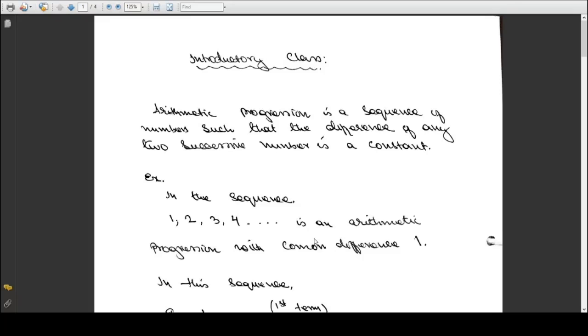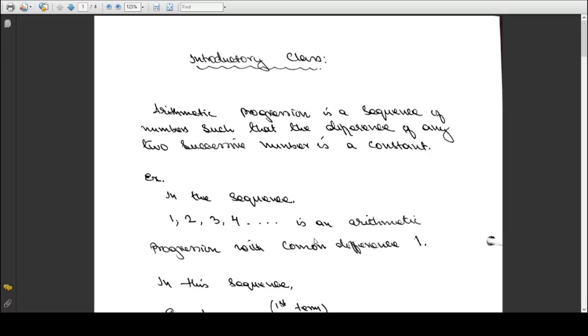Welcome again, students. Now we will be discussing chapter 5 on arithmetic progression. Before we move ahead to solve the exercise from this chapter, let us have some introduction regarding this chapter.